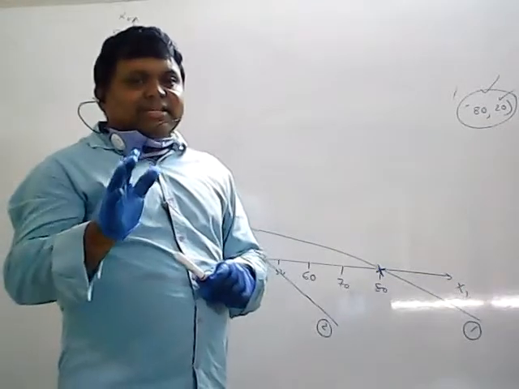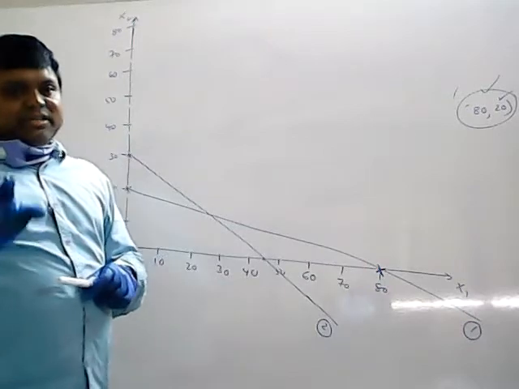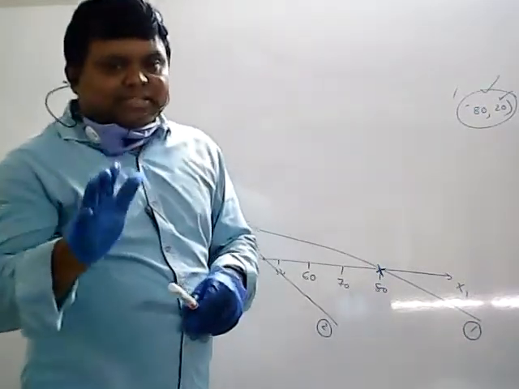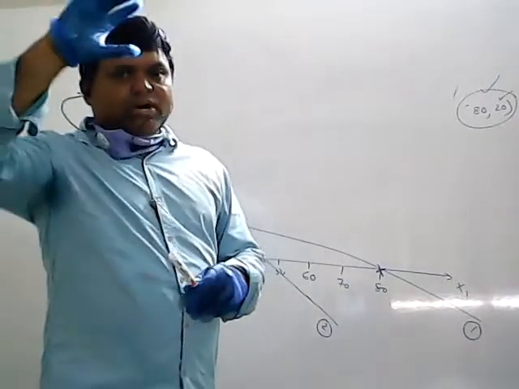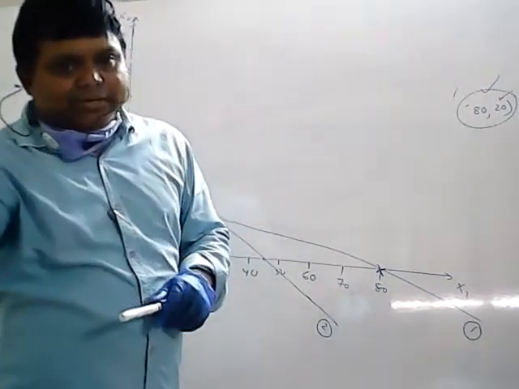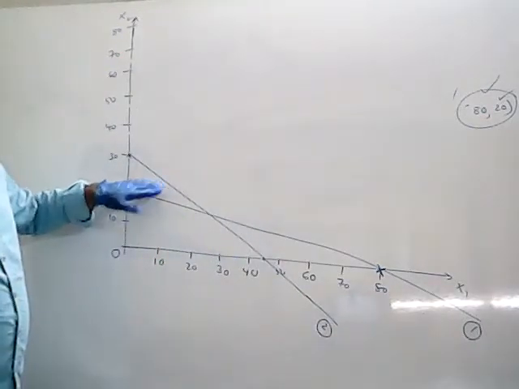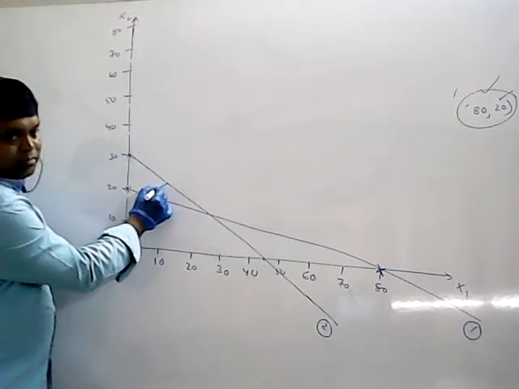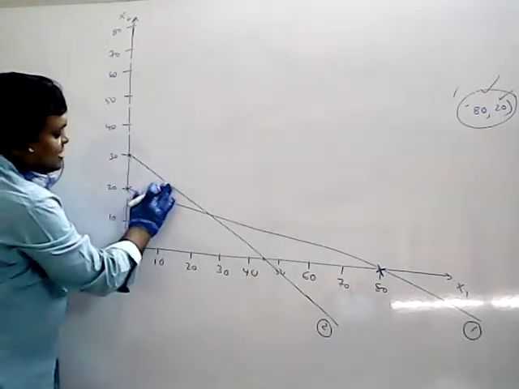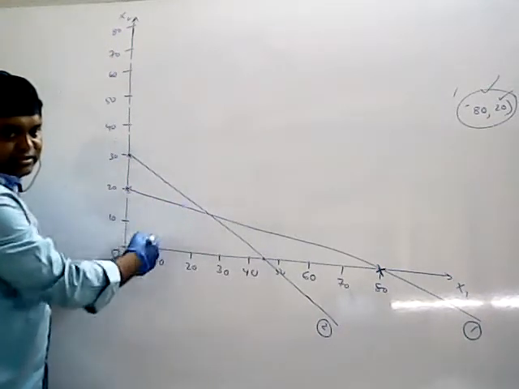There are only 2 types of constraints in the graphical method: less than or equal to, or greater than or equal to. See the original problem. If the constraint is less than or equal type, you will shade the region below the line. This is called below, this is called the above region.